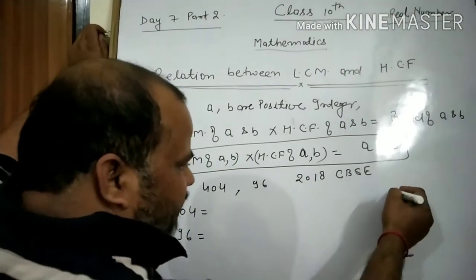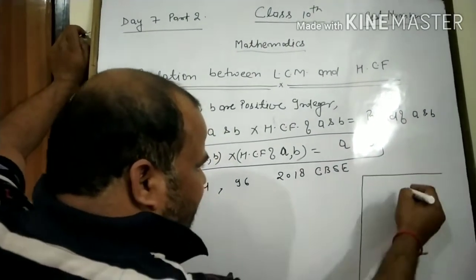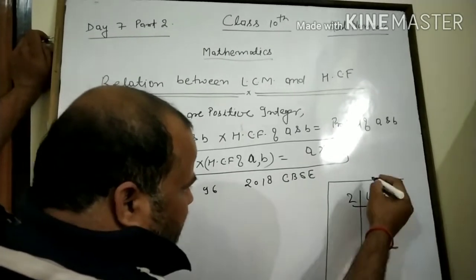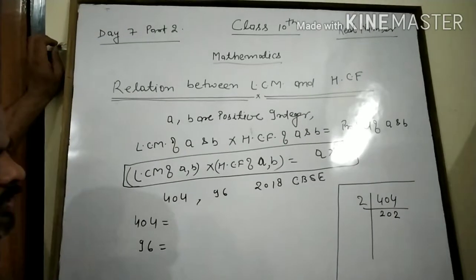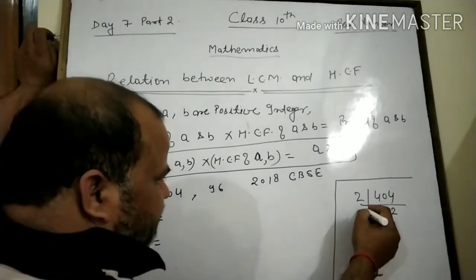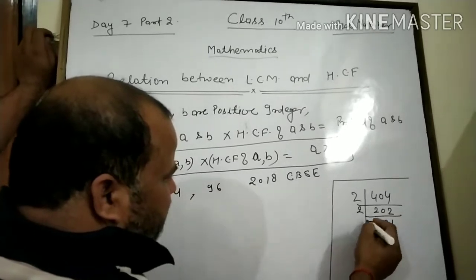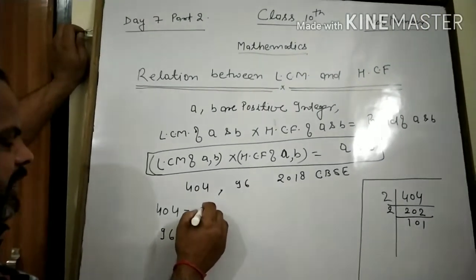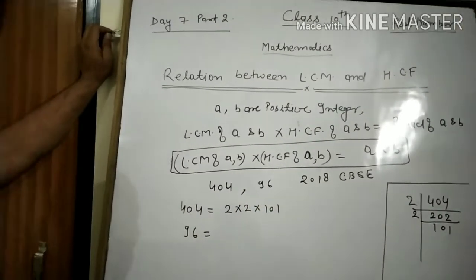For this you can do it on rough. 404 divided by 2 is 202, then after it is 101, and 101 is a prime number. Then 404 is written as 2 into 2 into 101.